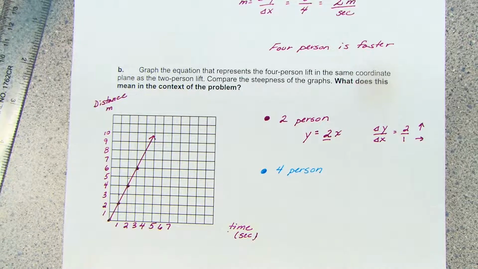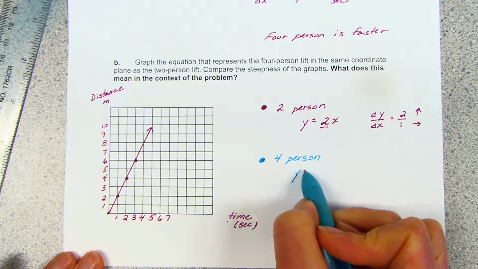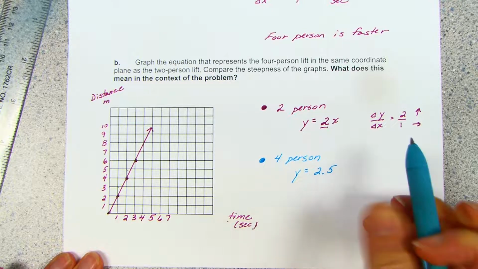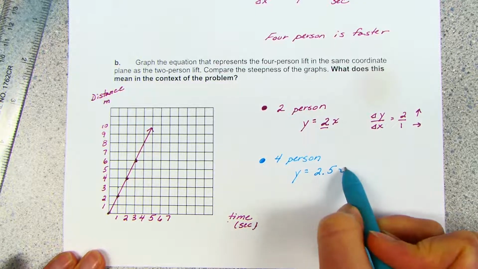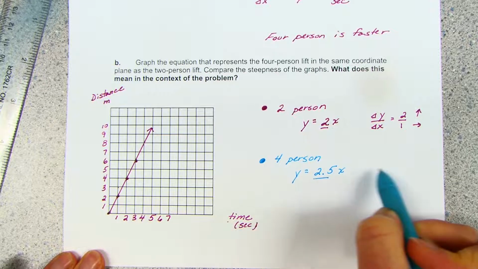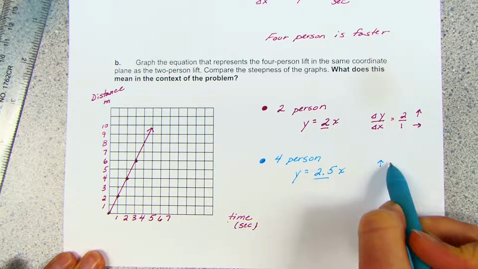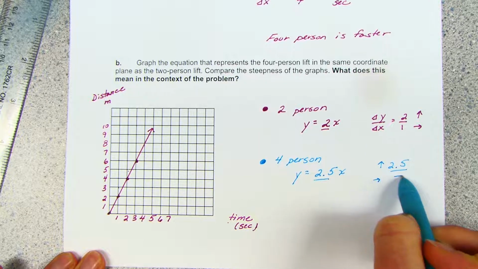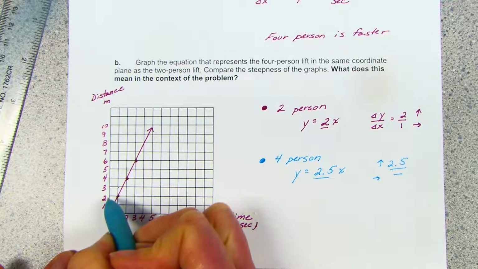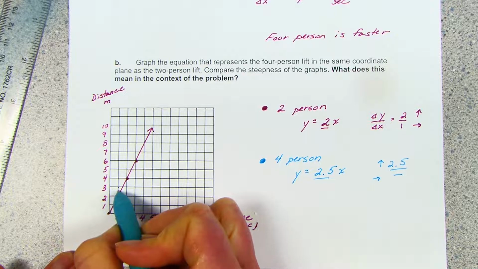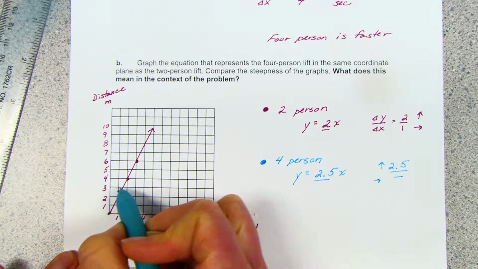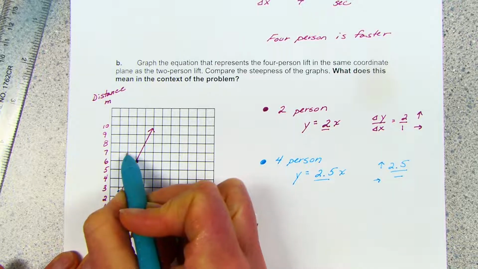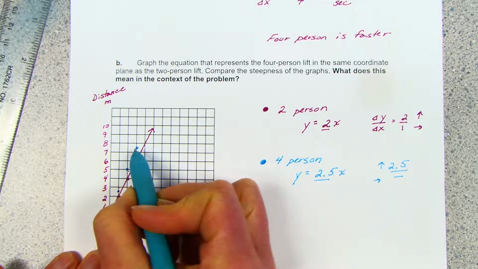Okay, and then switch colors. The four-person was going up 2.5 meters per second. So we're going to go up 2.5 and over 1. So starting in the same place, we're going to go up 2.5, over 1, up 2.5, over 1, up 2.5, and over 1.